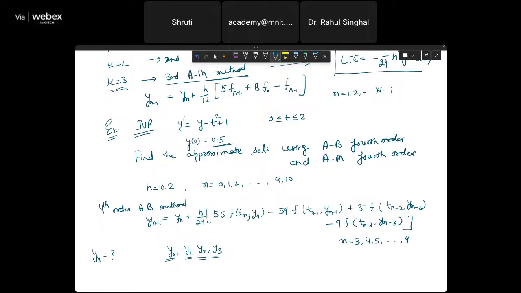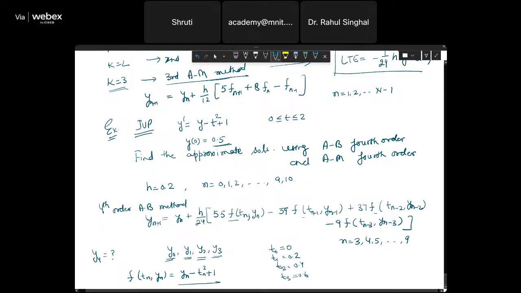What else we need to substitute in this formula is h, which we know is 0.2. The tn's we know here: t0 is 0, t1 will be 0.2, t2 will be 0.4, t3 will be 0.6, etc. Accordingly you can put the values over here, and the yn's, meaning y0, y1, y2, y3, we will calculate. Then with the help of that, f will be calculated. And what is f here? f(tn, yn) is nothing but yn minus tn squared plus 1.